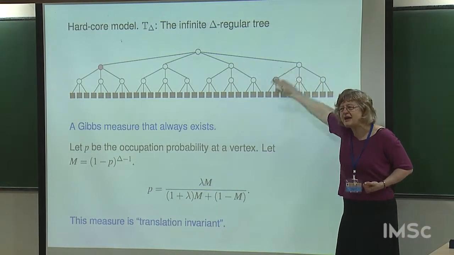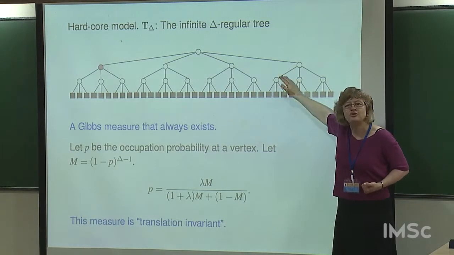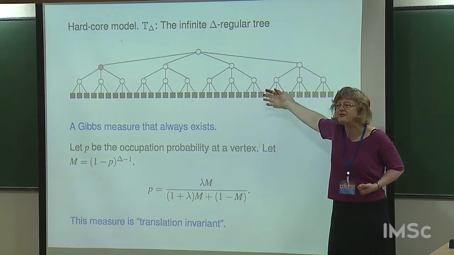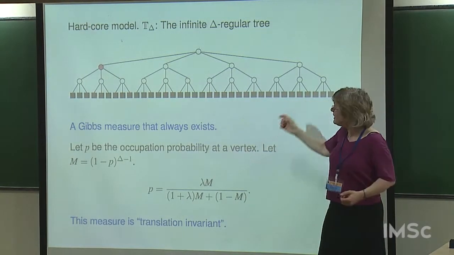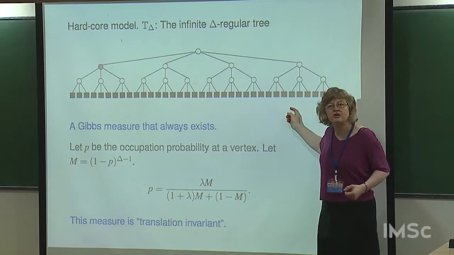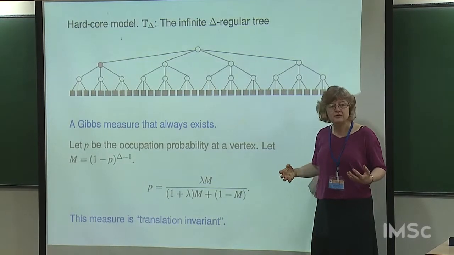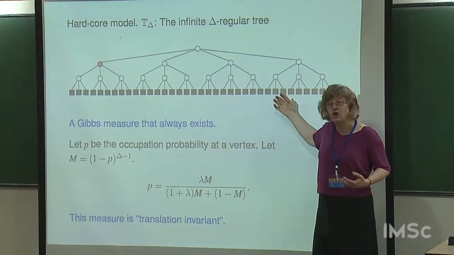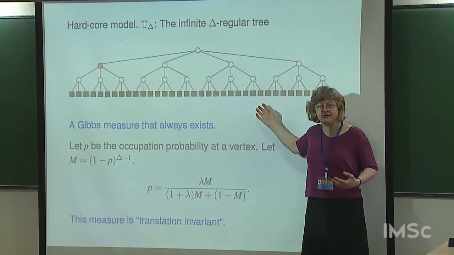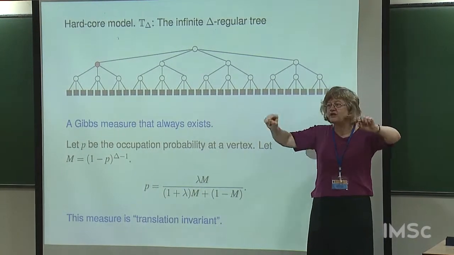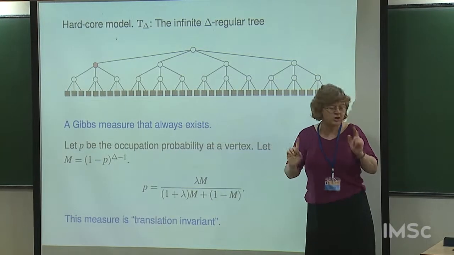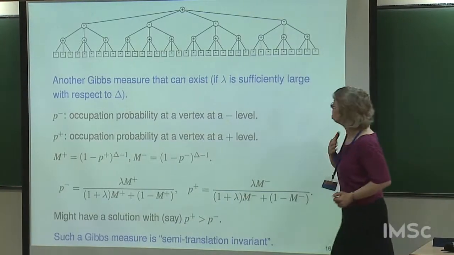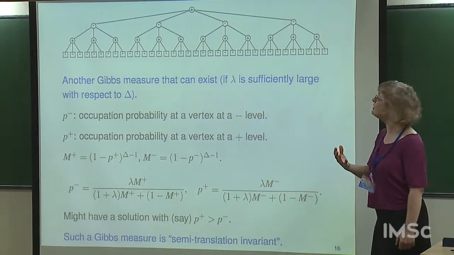Because if you had a delta-regular tree, think of delta as 4 or whatever you like, and now I give you a huge lambda and ask what a typical configuration looks like: lambda is big, so a typical configuration has a lot of occupied vertices, and the best way to get a lot is to pack them, odd levels, even levels. Okay, so that's motivation for a second Gibbs measure that can exist.